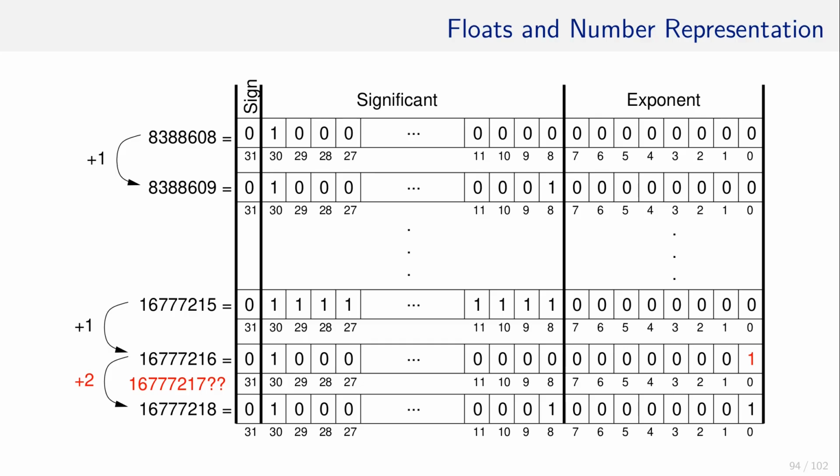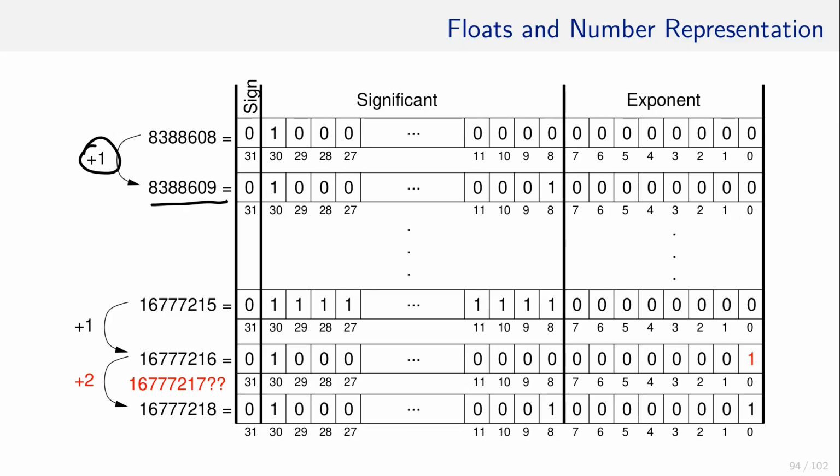8,388,608 is exactly 2 to the power of 23. So the MSB of the significand is set, while all other bits are 0. Even the exponent is 0. Now we are counting up. The next natural number can be easily represented.